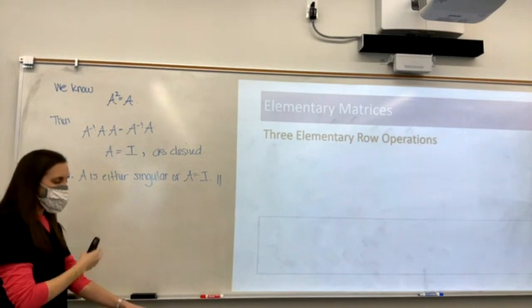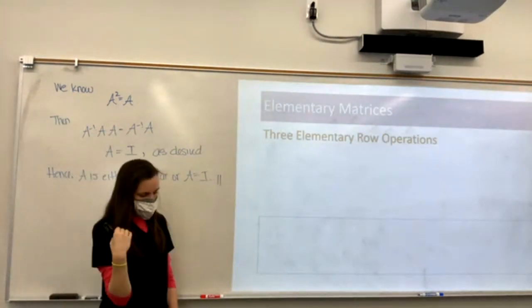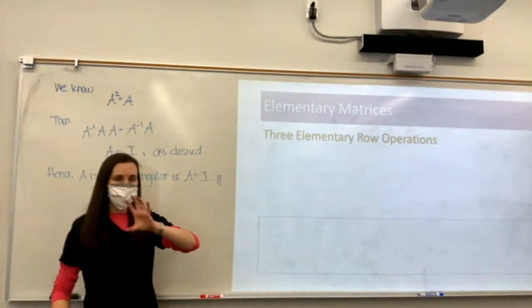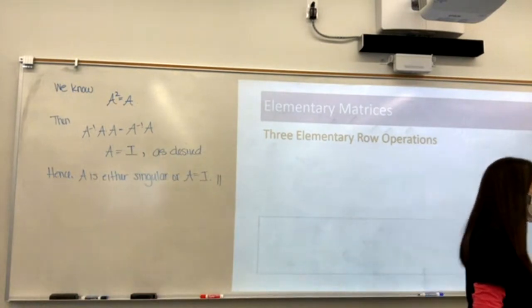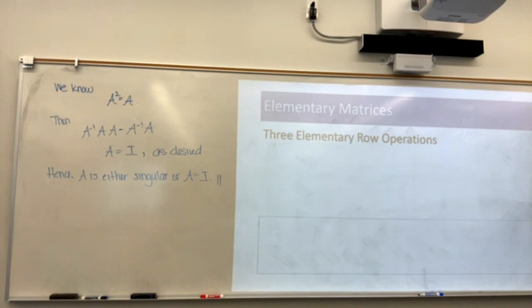All right, so think back to Week 1. We've got a matrix. We're going to perform a row operation on it to put it in row echelon form or reduced row echelon form. What are the 3 things we're allowed to do to that matrix?